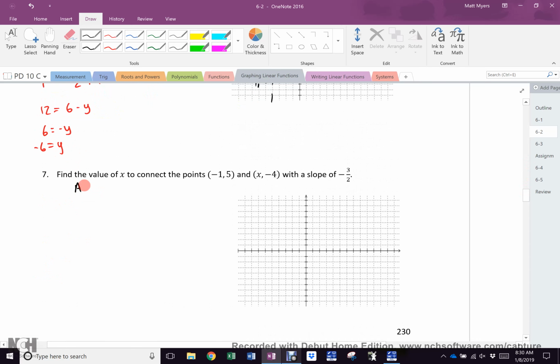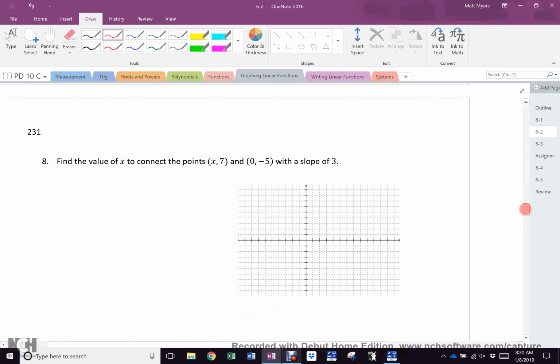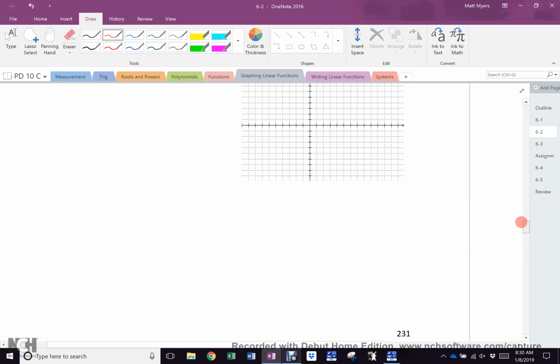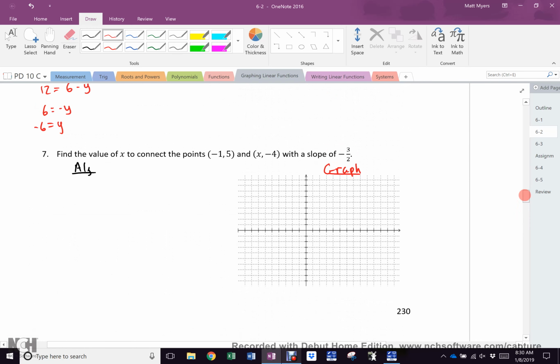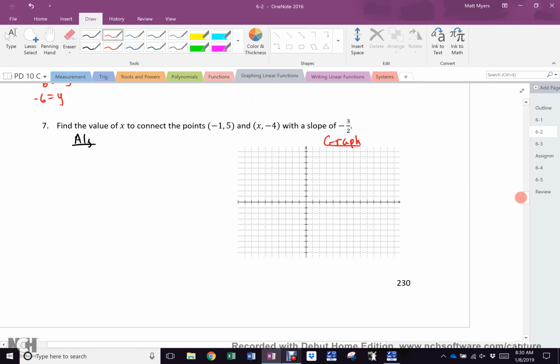Solve it algebraically and then graphically. Do I care which one you do first? No. Go ahead. There's one thing here that might mess you up.